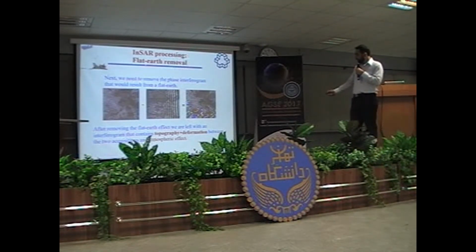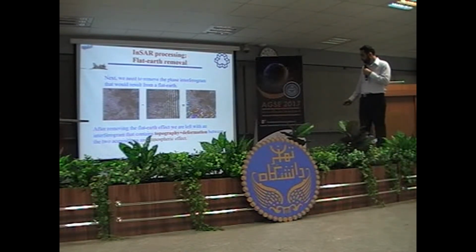So after removing the flat earth, the interferometric phase corresponds to topography plus deformation. We just removed one of the parameters. The flat earth is removed, so now we have topography, deformation, and also maybe the atmosphere.